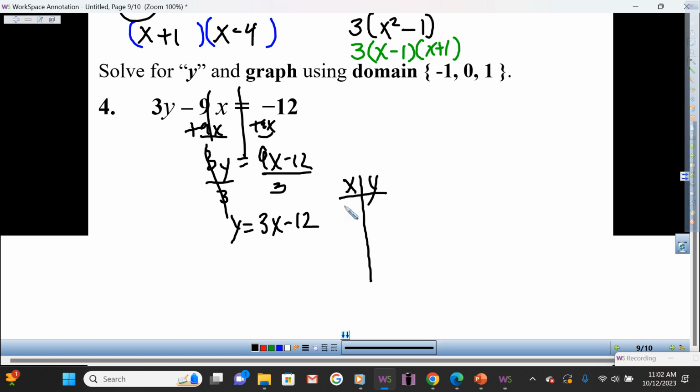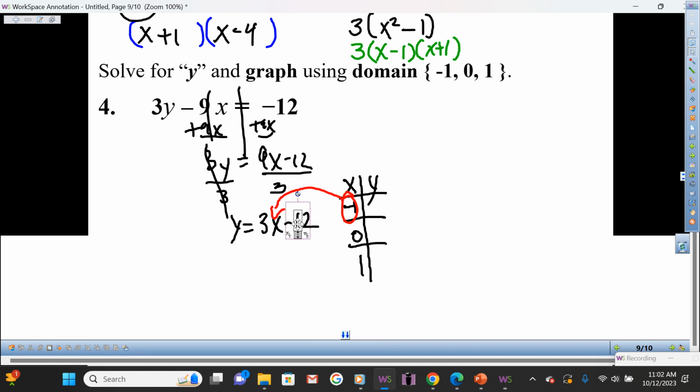For my x values, I'm going to use negative 1, 0, and 1. And for my y values, I'm going to substitute this in here. Yes? Oh, yeah, I did that on purpose, to see if you guys were paying attention. 12 divided by 3, that's negative 4. Watch. Check this out.